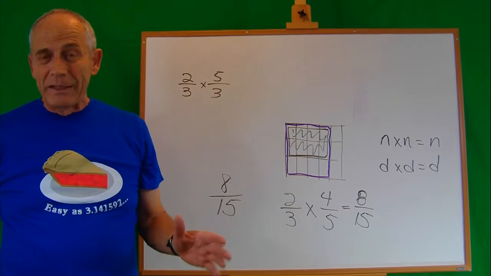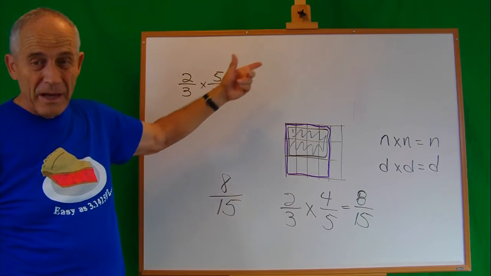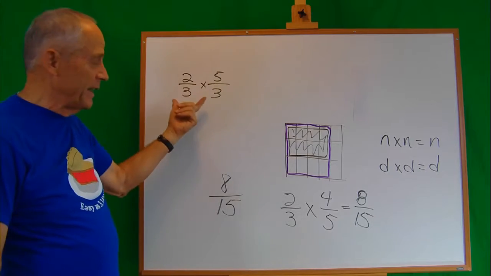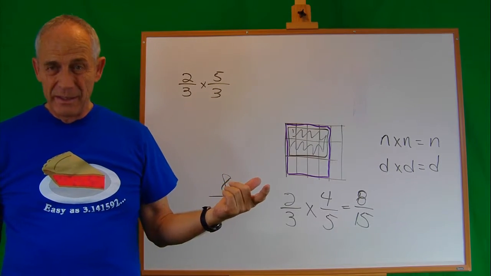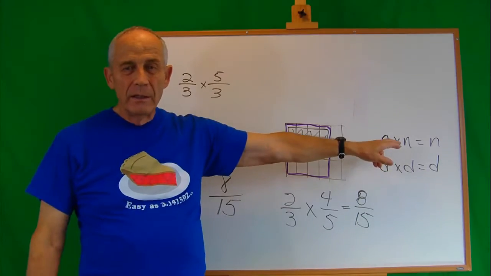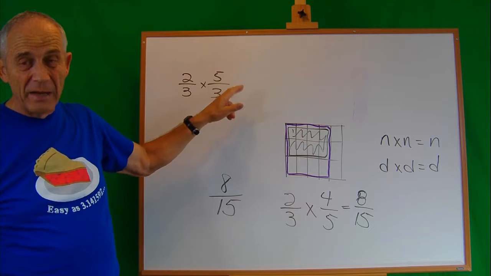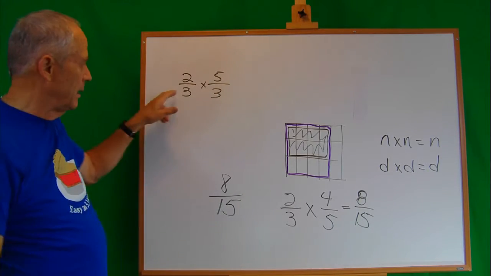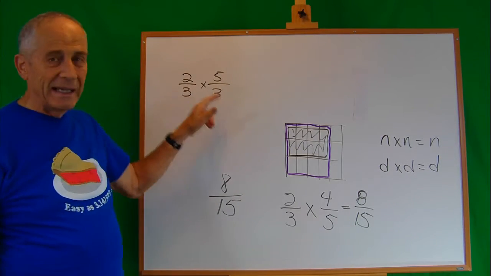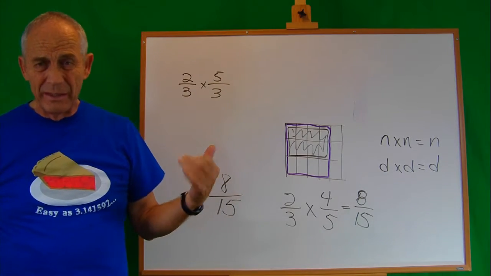I just put a 3 down there, and I'm done. So they end up getting as an answer, 2 times 5 is 10, and in the denominator they get a 3. That won't happen if you think numerator times the numerator equals the numerator. 2 times 5 is 10. 3 times 3 is 9, and that's what you'll get rather than the 3.